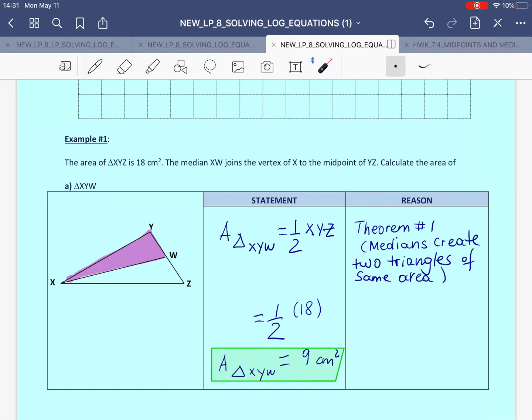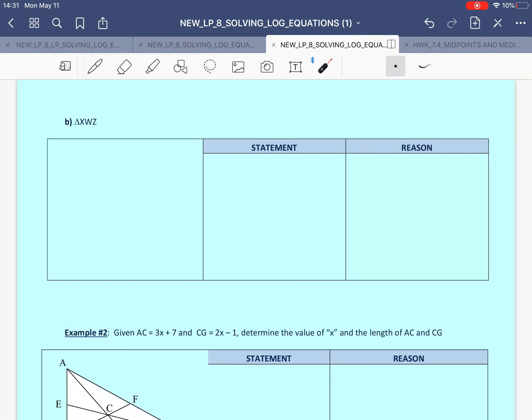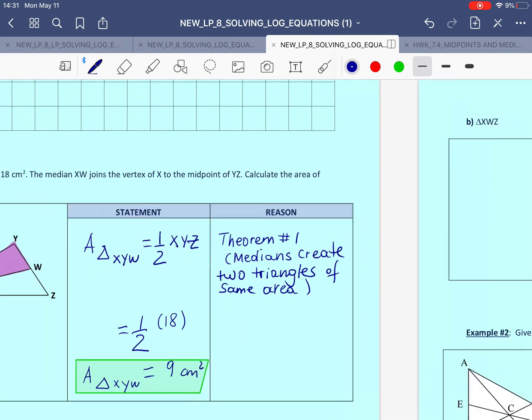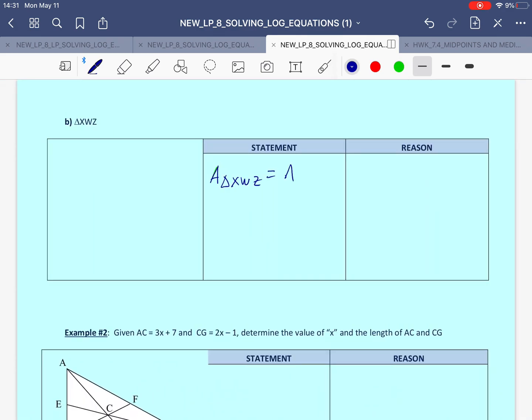And remember again that based on theorem 1, medians will create two triangles of the same area, or each triangle will have an area half the size of the area of the bigger one. So we're going to write that area of the triangle XWZ must equal the area of YXW.